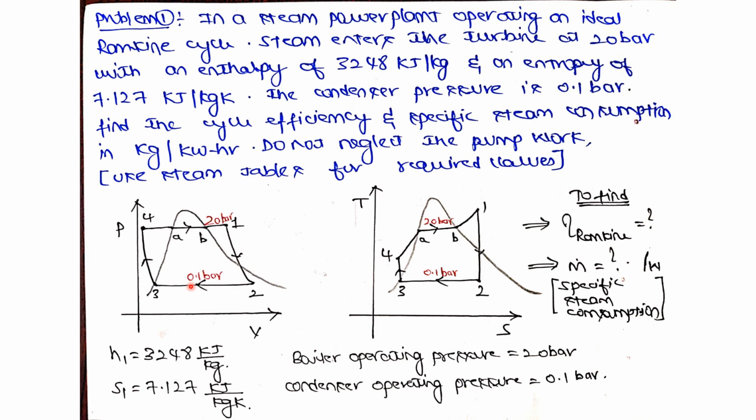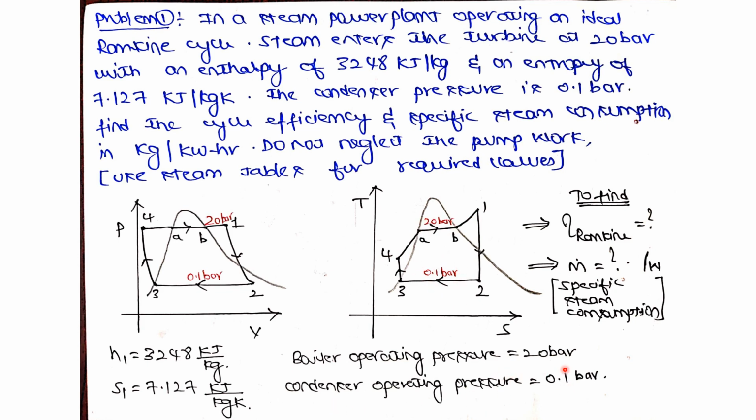Remember, this 20 bar pressure is for state 4, state A, state B and state 1. All have 20 bar. But the temperatures of these states would be varying. So the boiler pressure is 20 bar, condensation pressure is 0.1 bar, as written here.